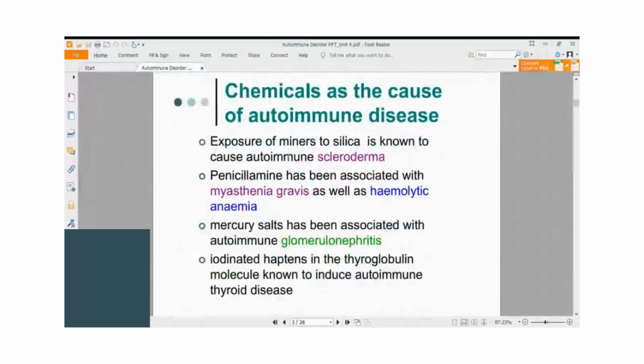Now, the miners or those people who work in cement industries or rock crushing industries are continuously exposed to silica.